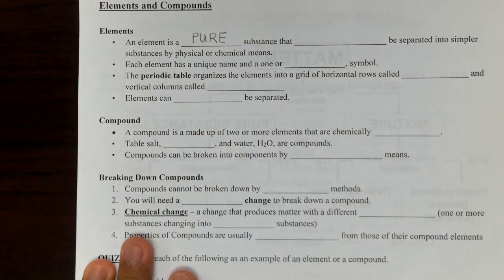So it is a type of pure substance. Pure means it has a unique property that is not shared with any other types of elements. It is pure for itself, and it's not mixed up with anything else because it is on its own. It's made up of its own self.